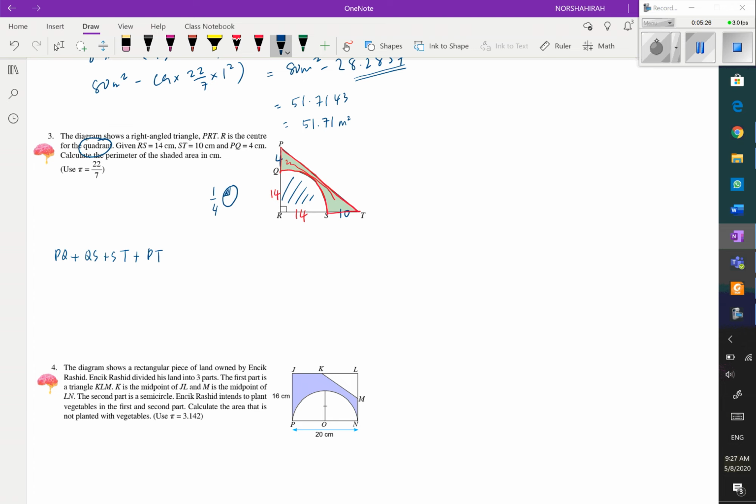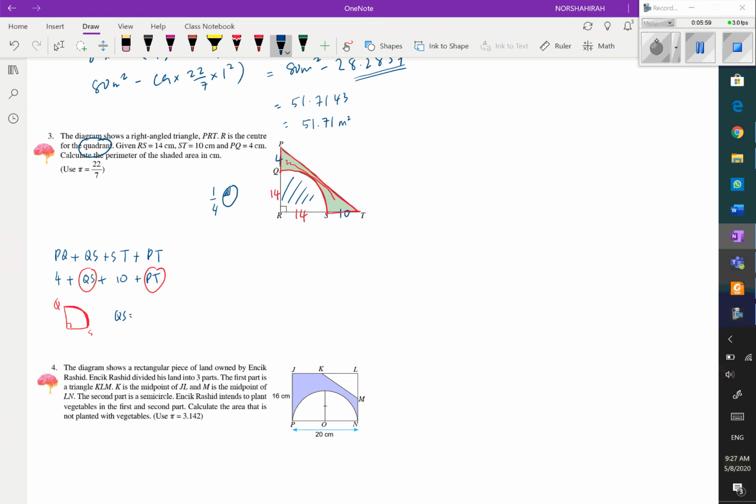So, PQ dah ada belum? Ada, 4. Tambah QS dah ada ke? Belum. ST 10, PT tak tahu juga. So, now you have to find the length of QS and PT. QS ni panjang apa sebenarnya? Length of arc untuk quadrant awak. What is the formula of length of arc?